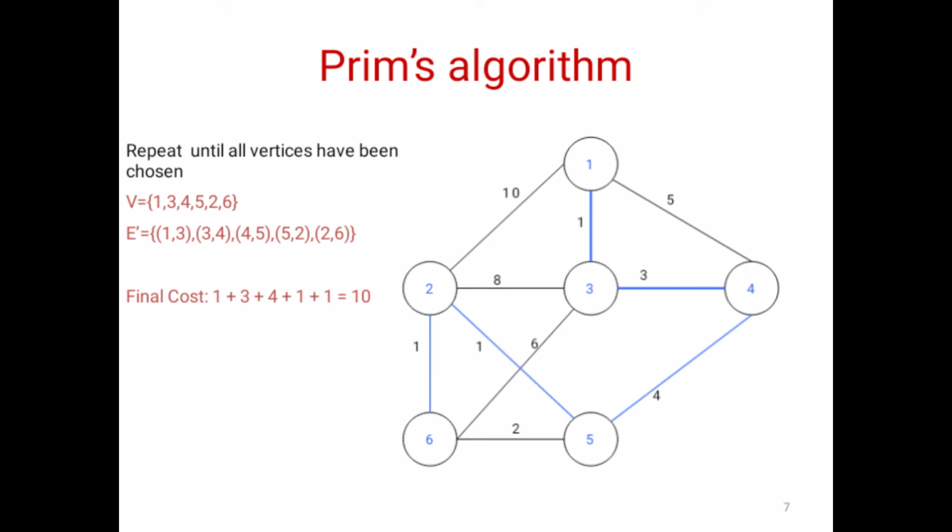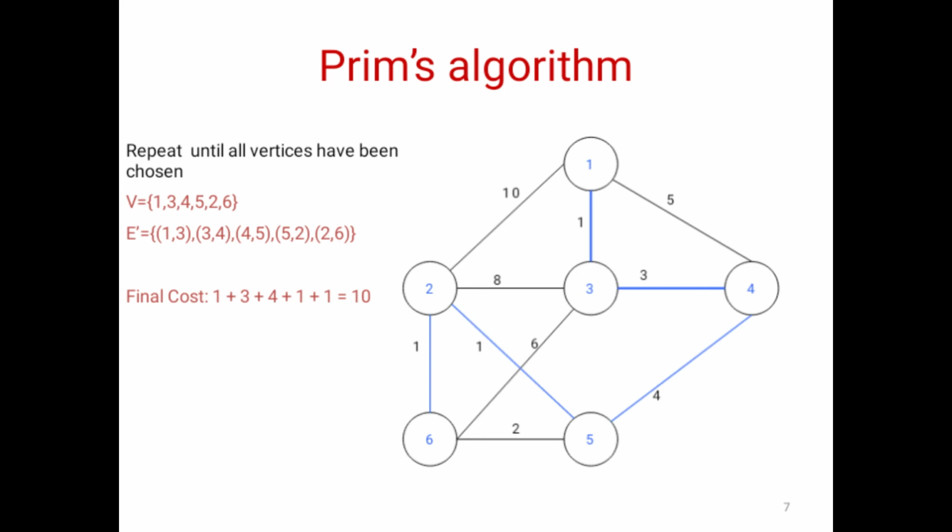So you have included all the vertices in the minimum cost spanning tree now: vertices 1, 3, 4, 5, 2 and 6. Hence all the vertices are chosen and the edges are 1 to 3, 3 to 4, 4 to 5, 5 to 2 and 2 to 6. The cost of the spanning tree is 1 to 3 is 1, 3 to 4 is 3, 4 to 5 is 4, 5 to 2 is 1 and 2 to 6 is 1.